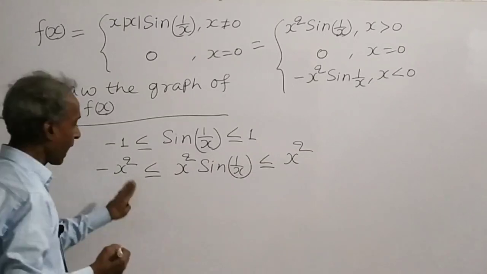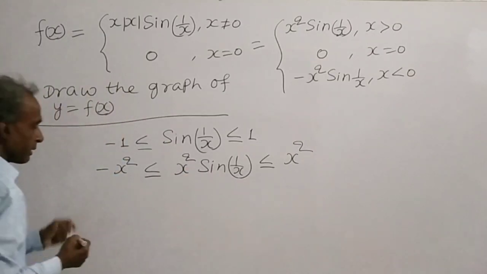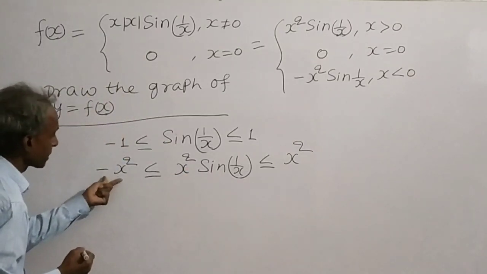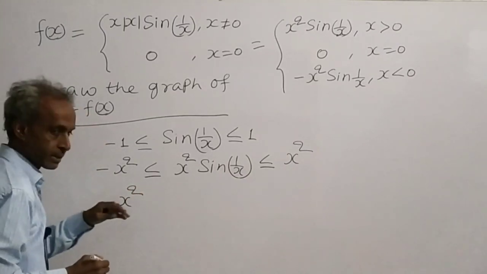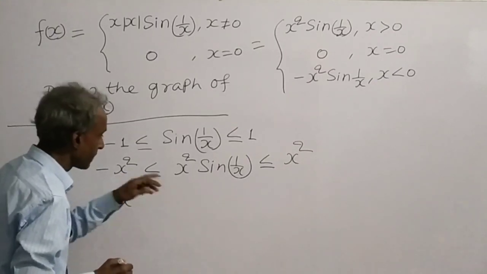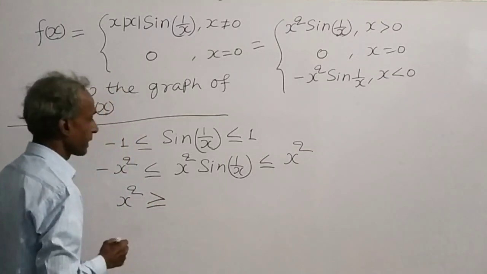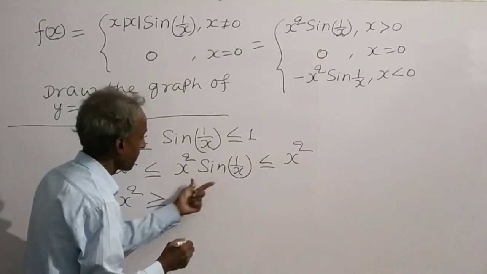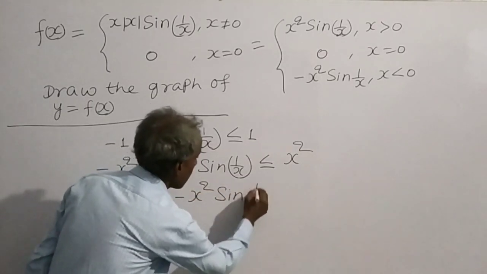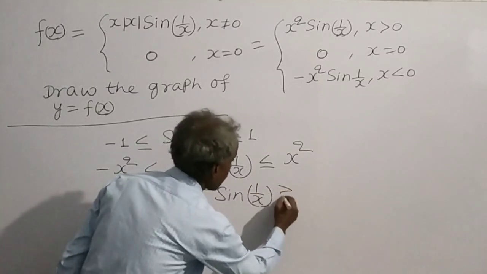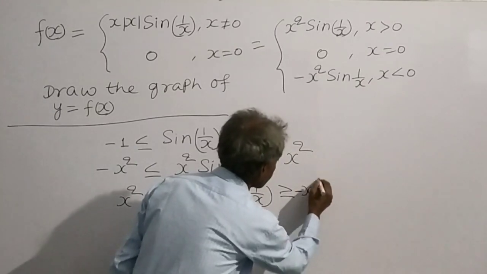If we multiply each of these three by minus 1, then minus 1 times minus x square is plus x square. And since we are multiplying by a negative number, this inequality will reverse: greater than or equal to minus 1 times this, minus x square sin 1 by x, greater than or equal to minus 1 times x square, minus x square.